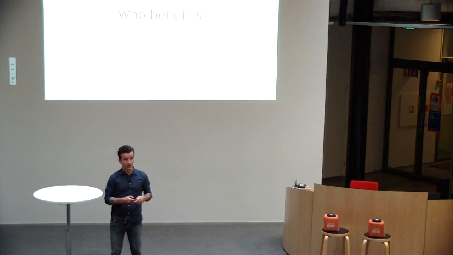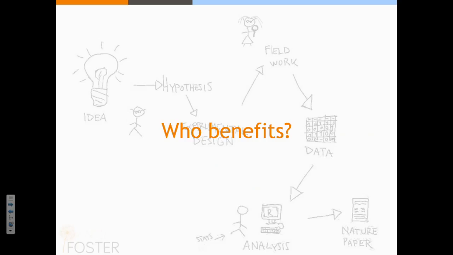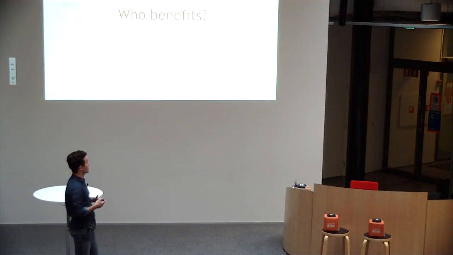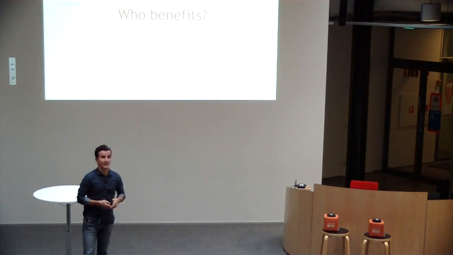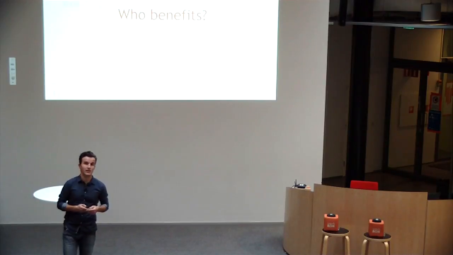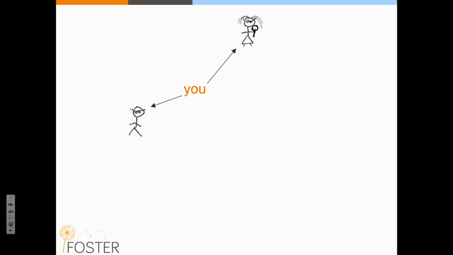So the real question here from a scientist's point of view is who benefits, and for what? And as I said, coming from the pragmatic school of thought, I'm directing the following to other researchers, or the members of the research community, by stating that who really benefits from opening up the research process is really you yourself.